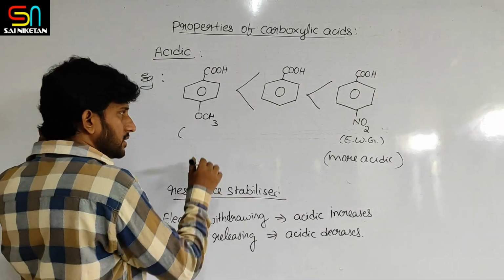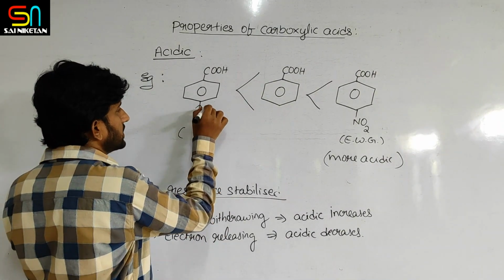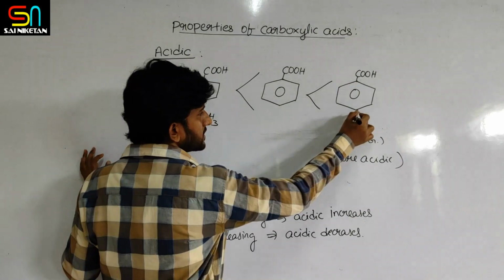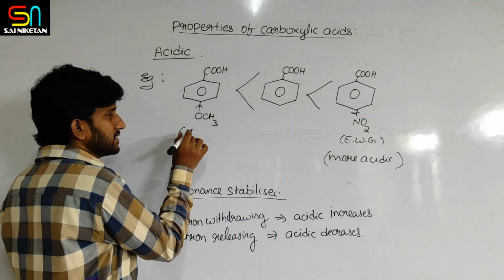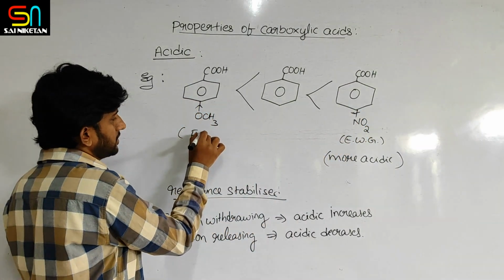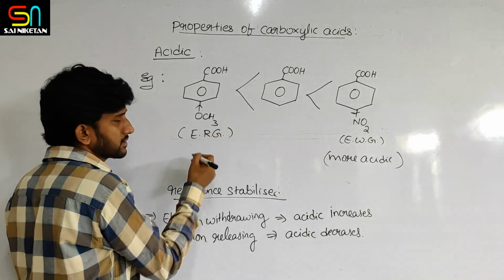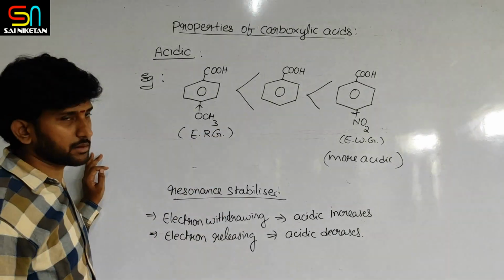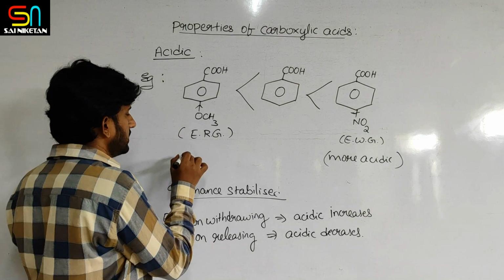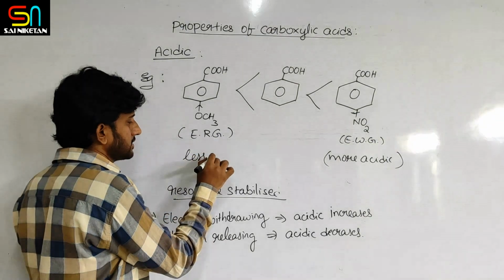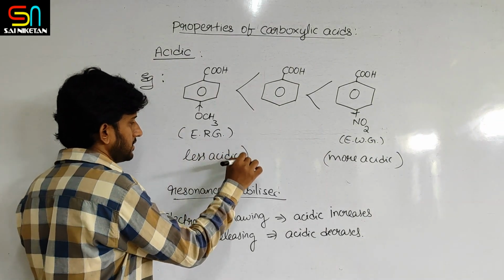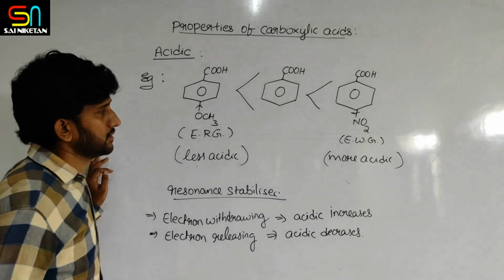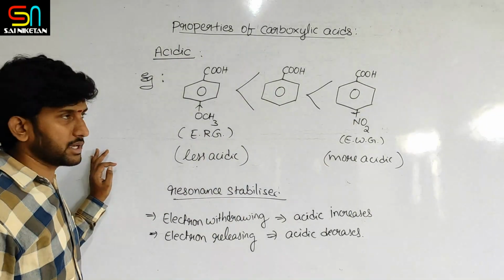Why? Because this methoxy group is an electron releasing group. It destabilizes the carboxylate ion. That's why it is less acidic compared to benzoic acid.